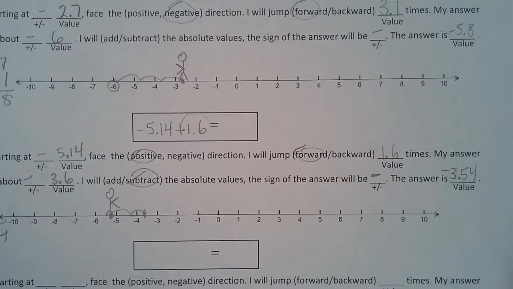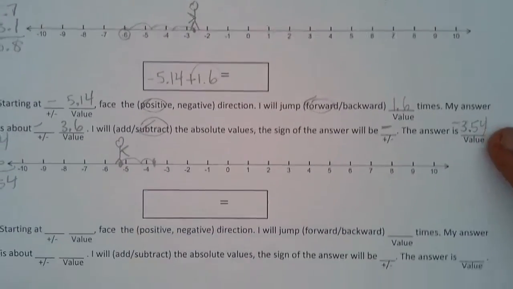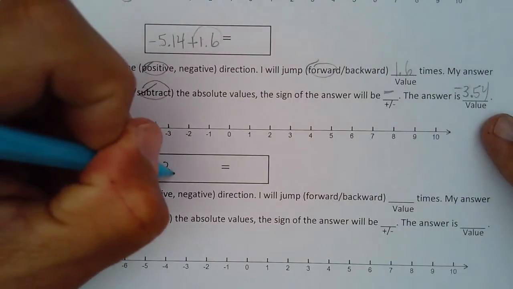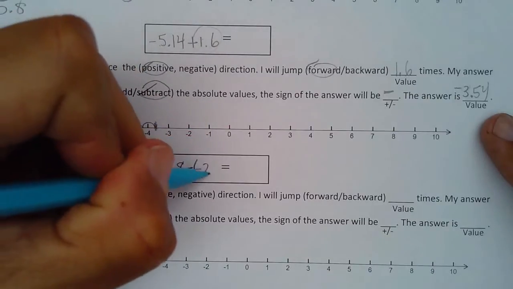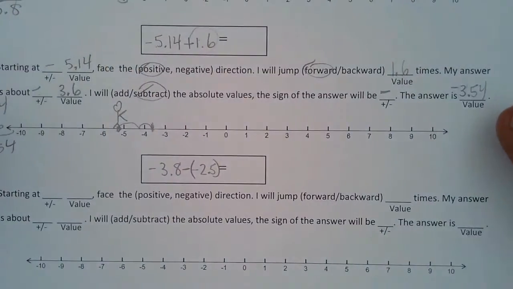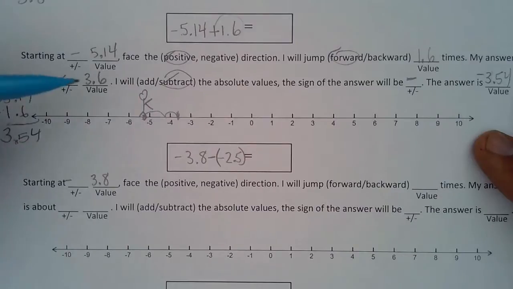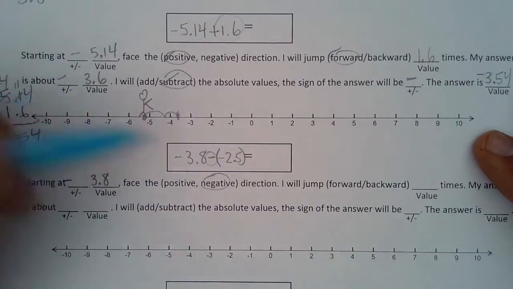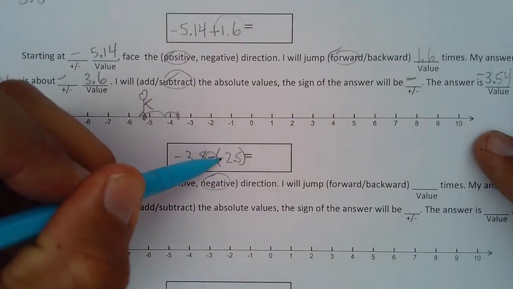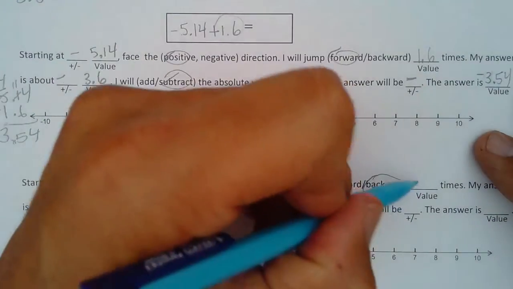So there you go. Our next one, and it looks to be our final one, is going to be negative 3.8 minus negative 2.5. Start at negative 3.8. Face the negative direction. I will jump backwards 2.5 times.